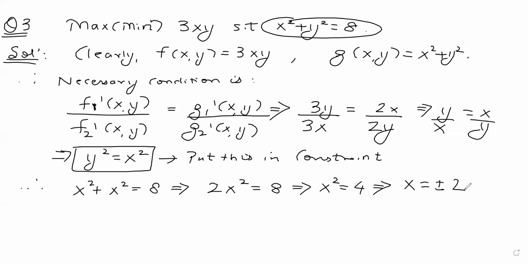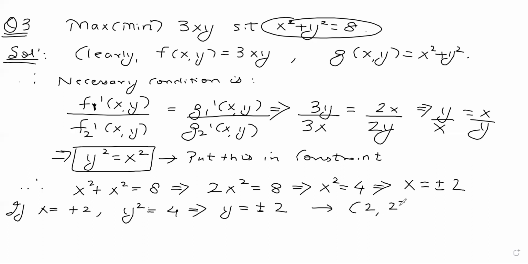Okay, so what are the possible solutions? If x is equal to plus 2, then y square will be equal to 4, which implies y will be plus 2 or minus 2. That means my possible solutions are 2 comma 2 and 2 comma minus 2.